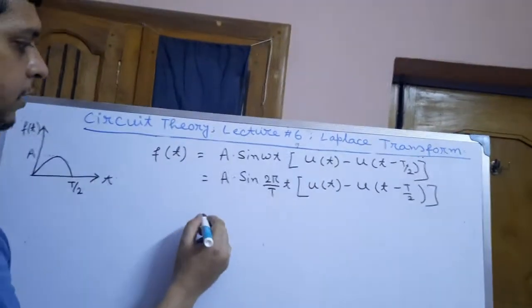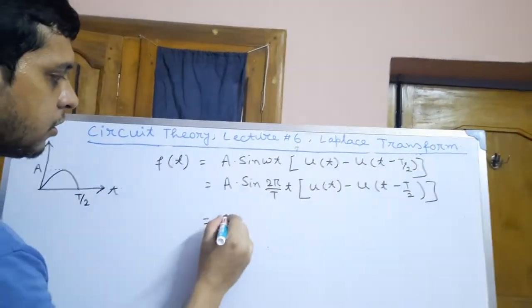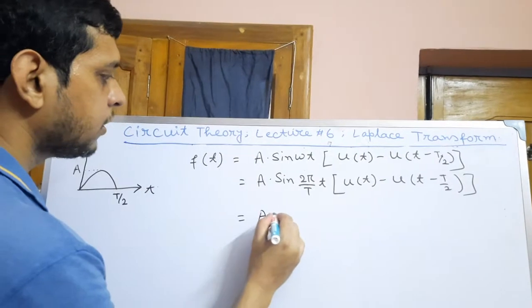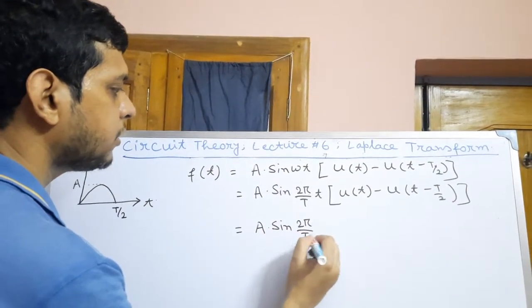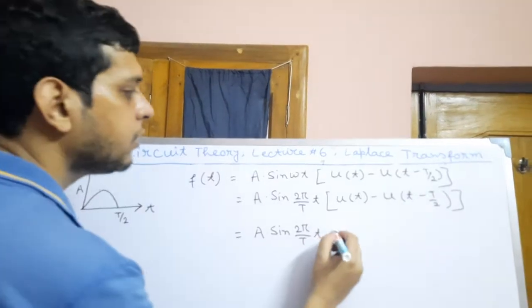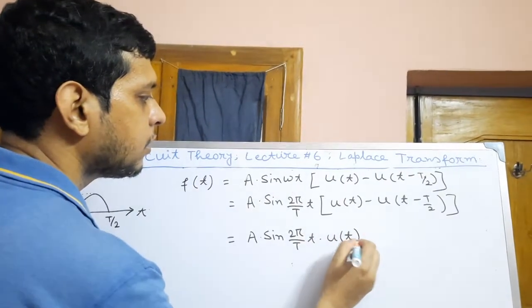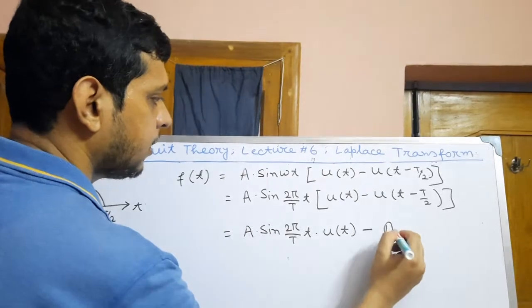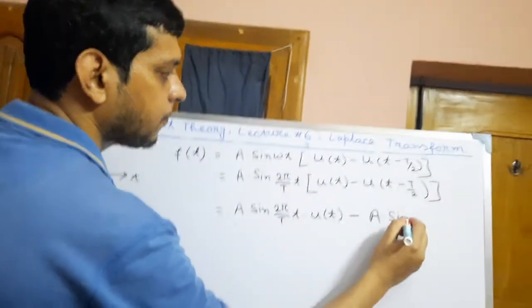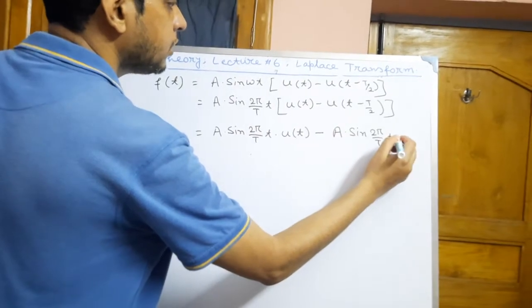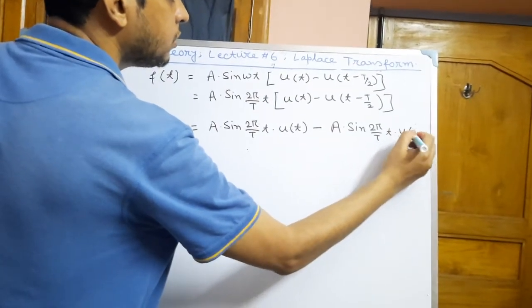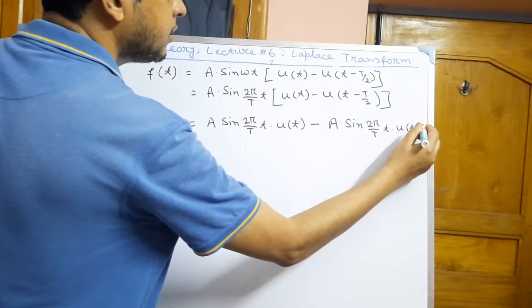Okay. Now hence f(t) equal to A sin 2 pi by T t into u(t), minus A sin 2 pi by T t into u(t minus T by 2).